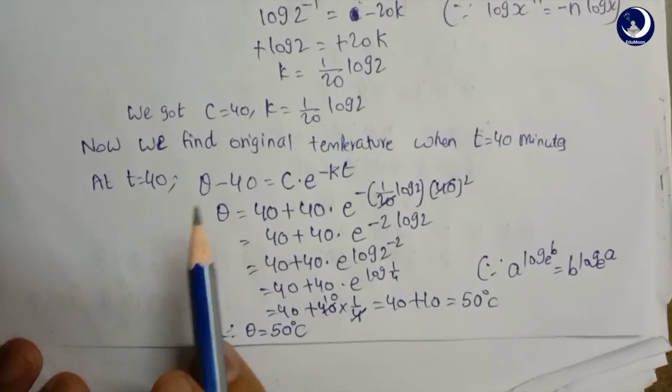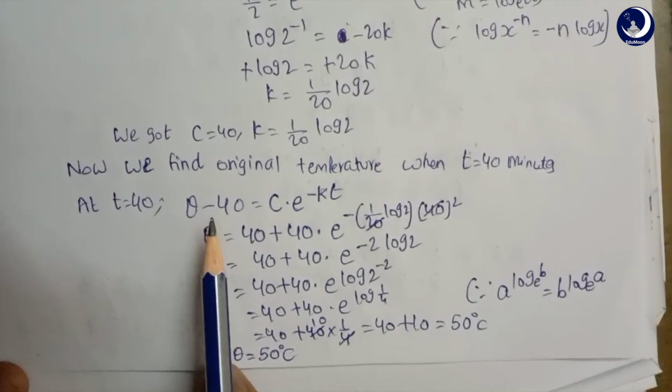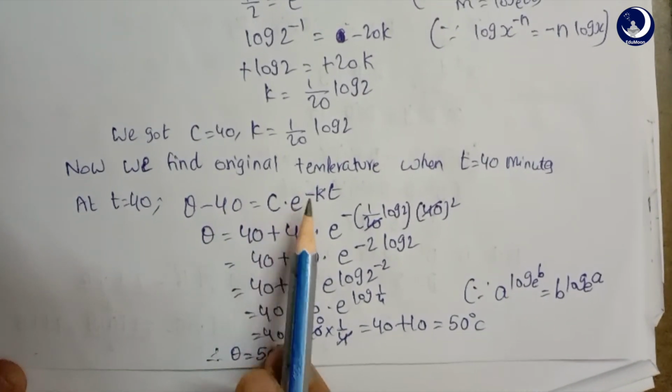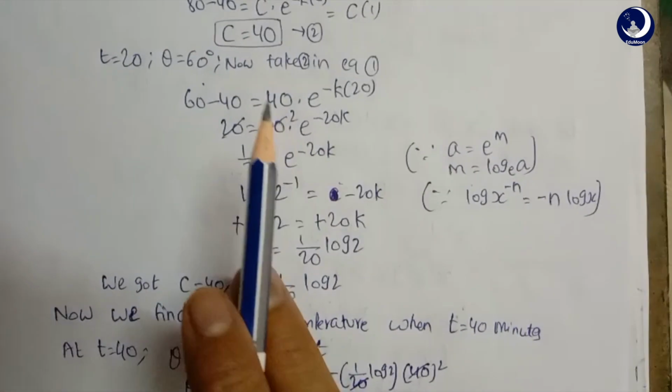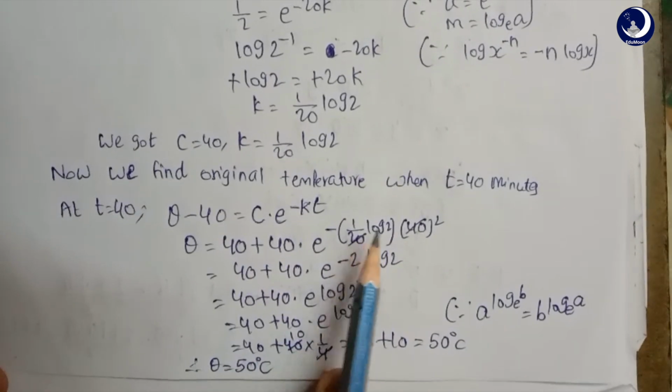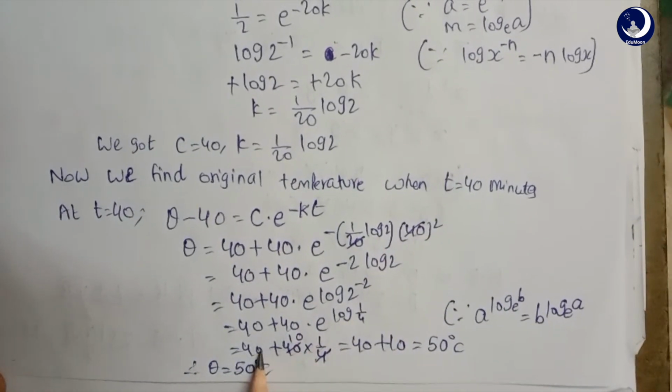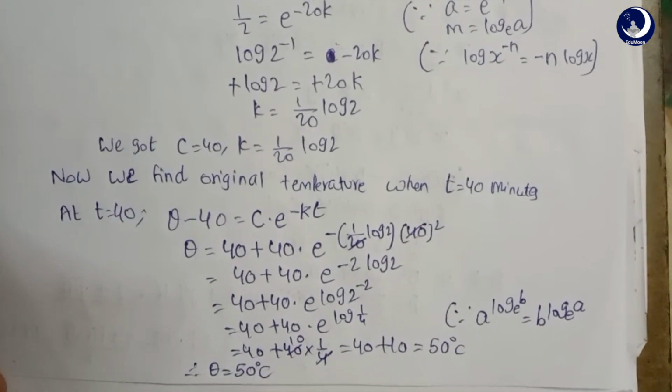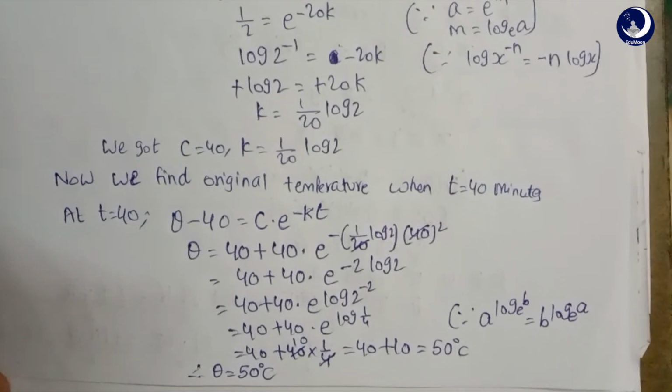At t equal to 40 minutes, theta minus 40 equal to c into e power minus kt. We already got c equal to 40, k equal to 1 by 20 into log 2. By replacing, we got the final answer theta equal to 50 degrees. This is the required temperature.